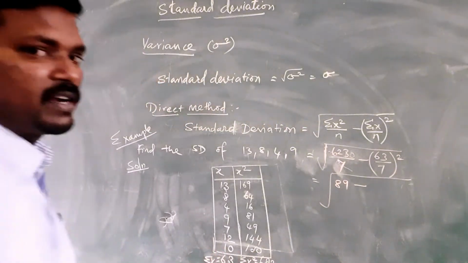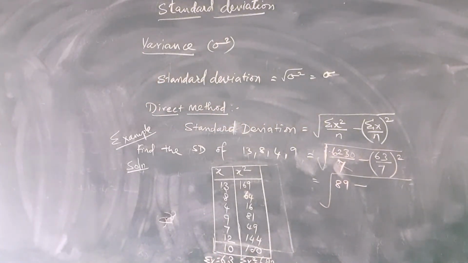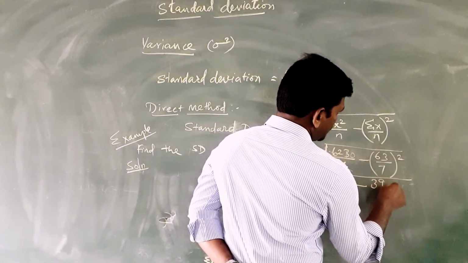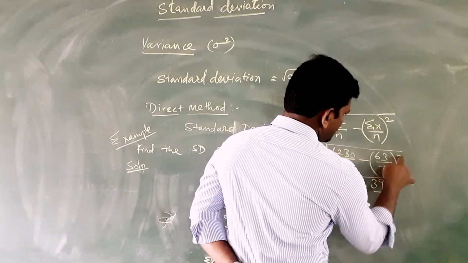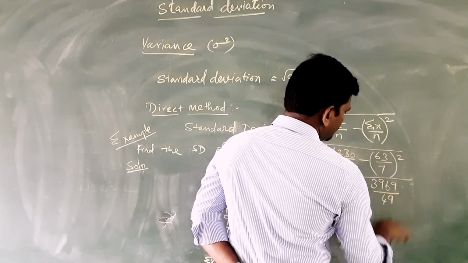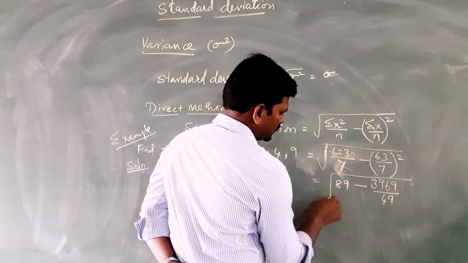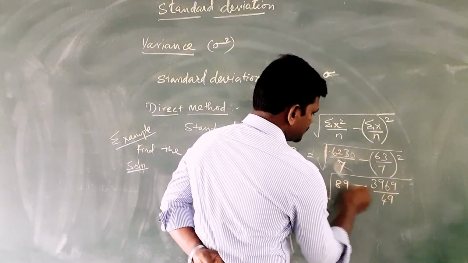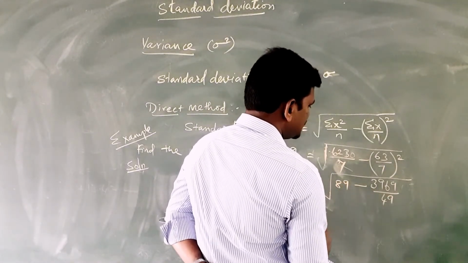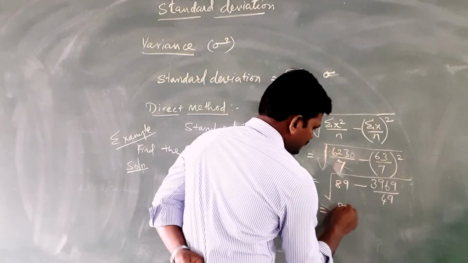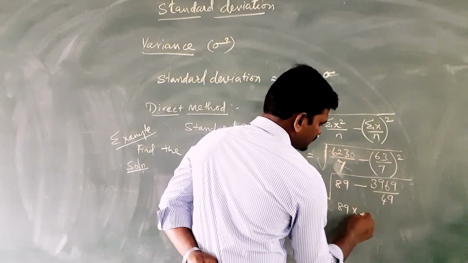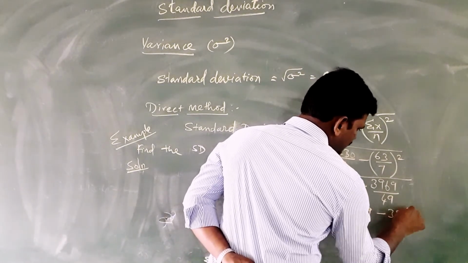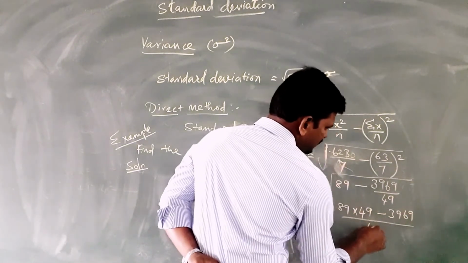So we have to first simplify the squares. 63 into 63 is 3969, divided by 7 7s are 49. So now we have to do the cross multiplication. 89 into 49 minus 3969 divided by 49.